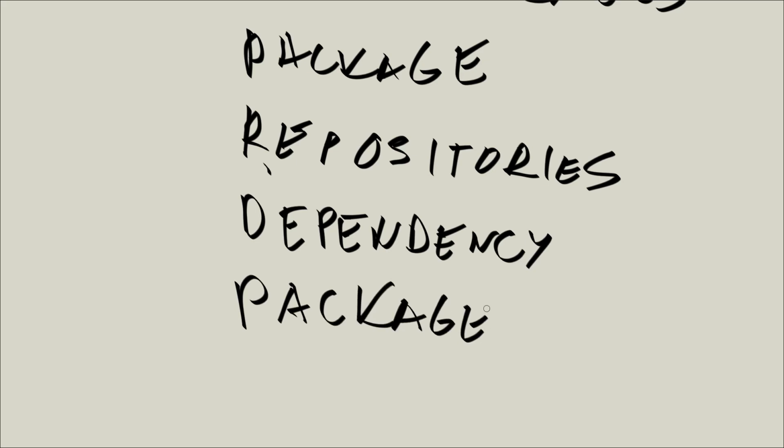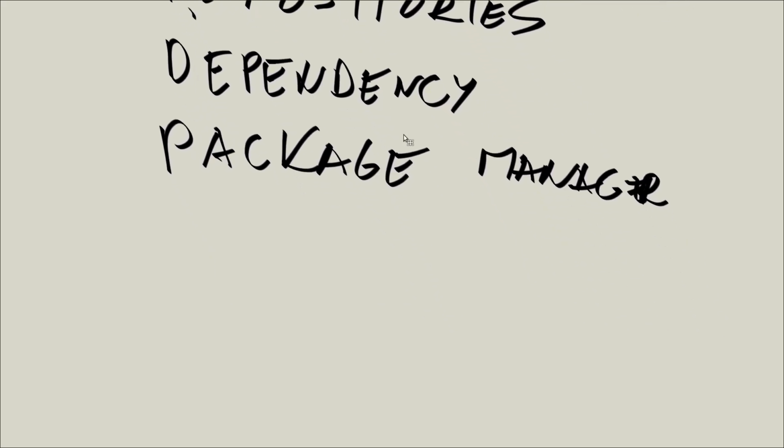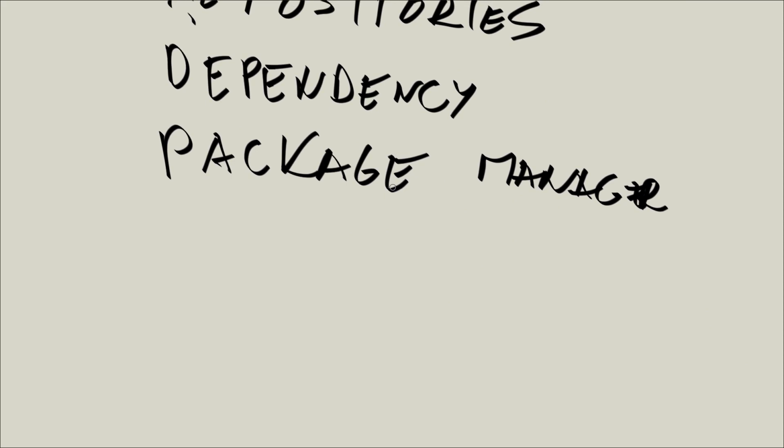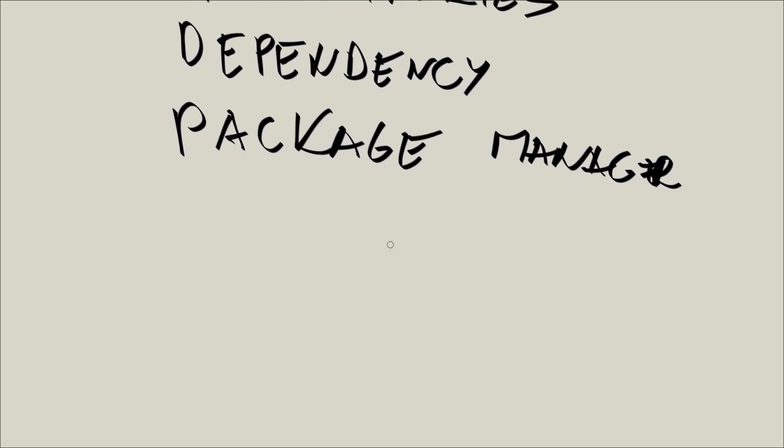Package manager take care of dependencies when installing packages. Okay, so package managers, again, take care of dependencies, which are the things we need for our package to run correctly when we are installing packages, okay?